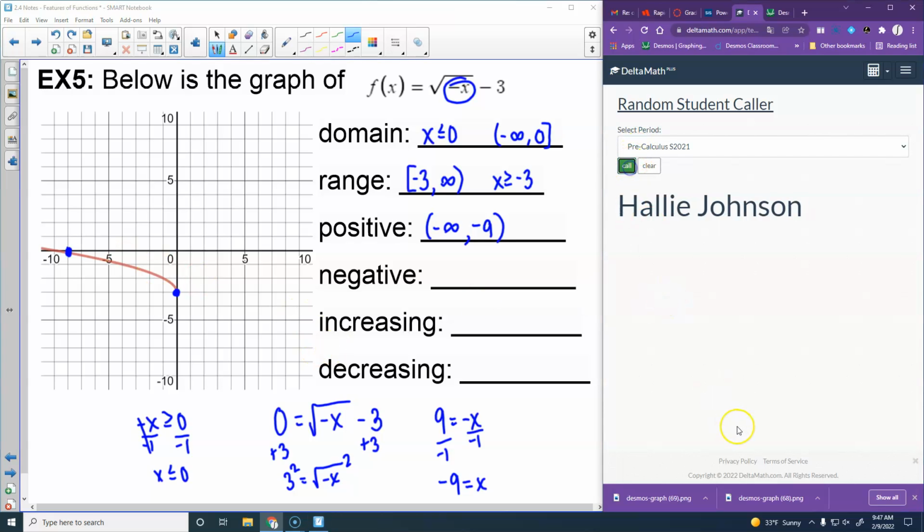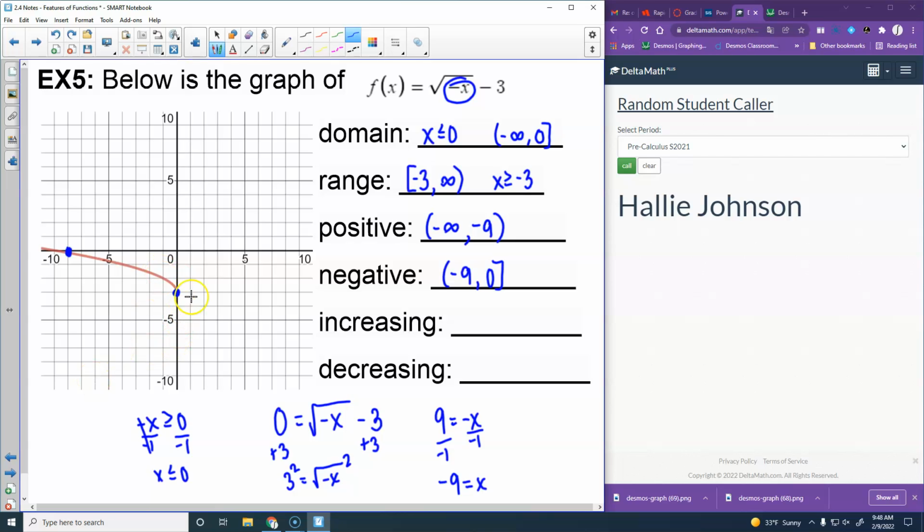Okay. All right, Hallie, what about negative? Okay. I agree with the -9, but not the -3. 0. And do I need to include 0 or not? We do include 0 because it includes that endpoint right there. Notice what Hallie did there at first. She said -9 to -3.